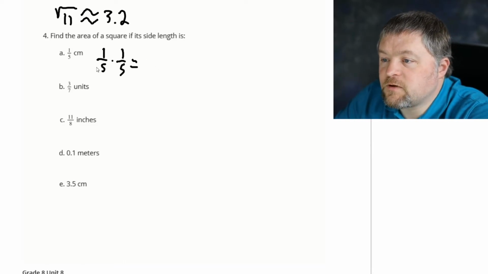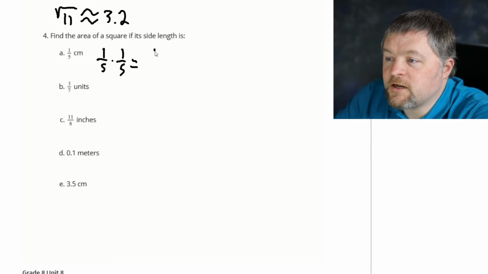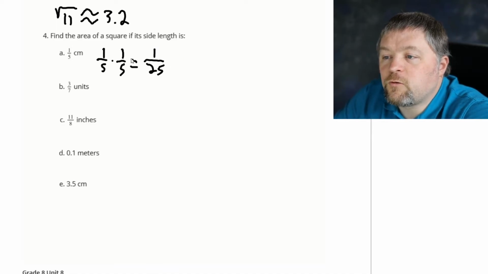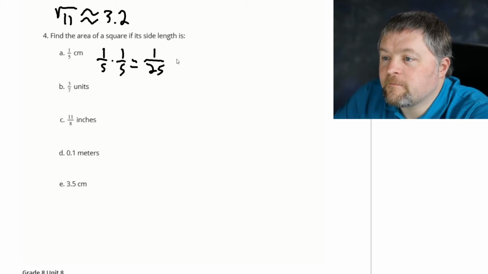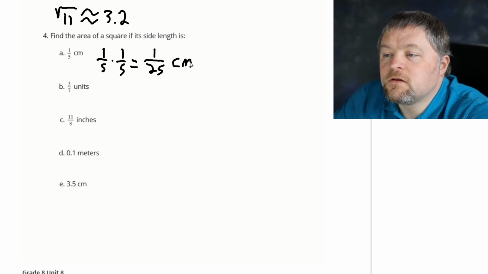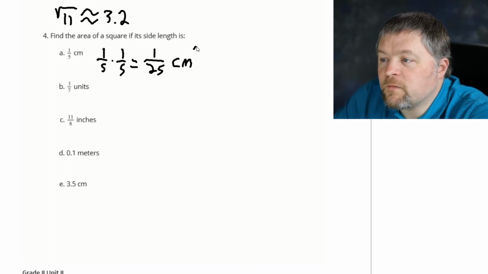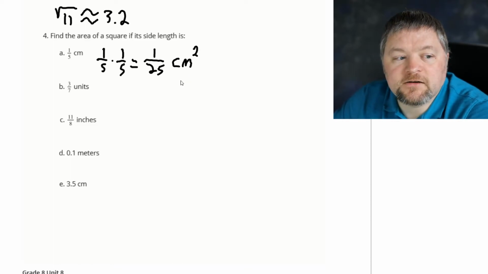Multiplying fractions, multiply the numerators, multiply the denominators. 1/25. Now, what is our unit going to be? Our side length was in centimeters, so our area will be in square centimeters.